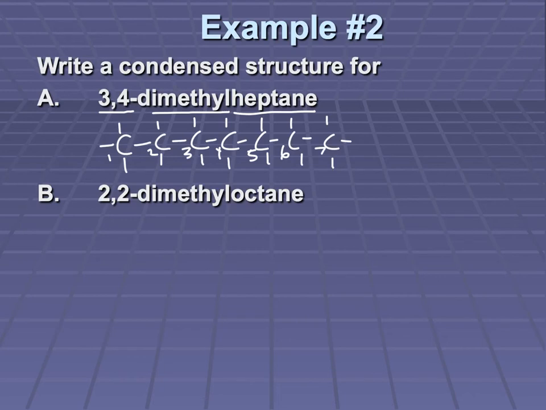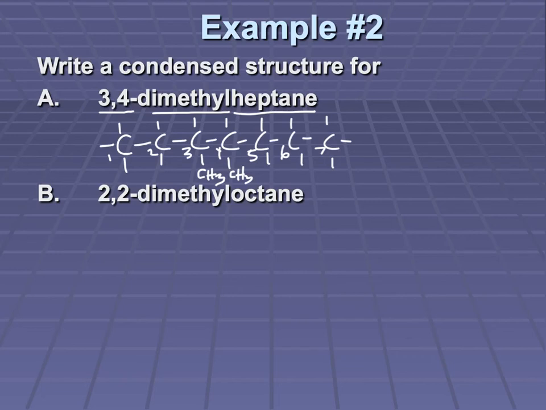Off of carbon 3, we have a methyl group, which is a CH3 group, and then also off of carbon 4. It doesn't matter if you put them side by side like this, or if you have one on top and one on bottom. You could have drawn this other methyl group over here on top. Just as long as you put them off of carbon 3 and off of carbon 4.